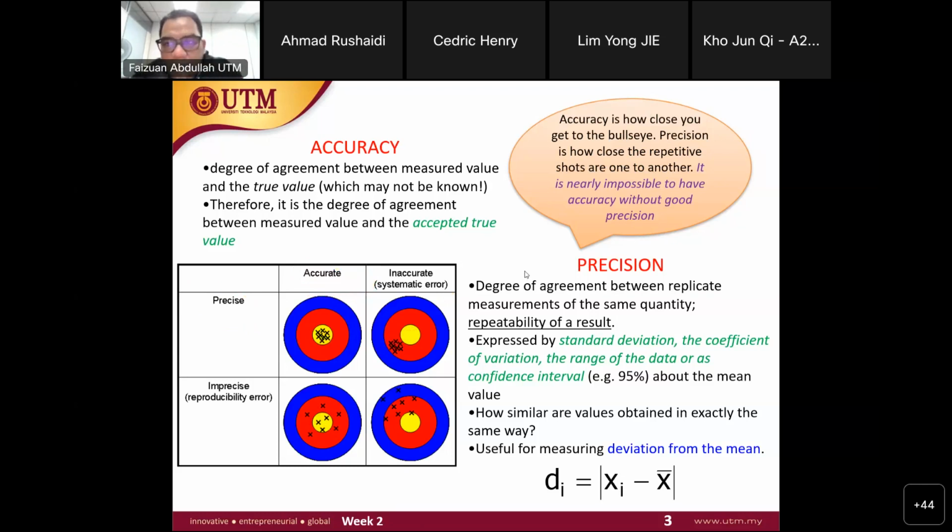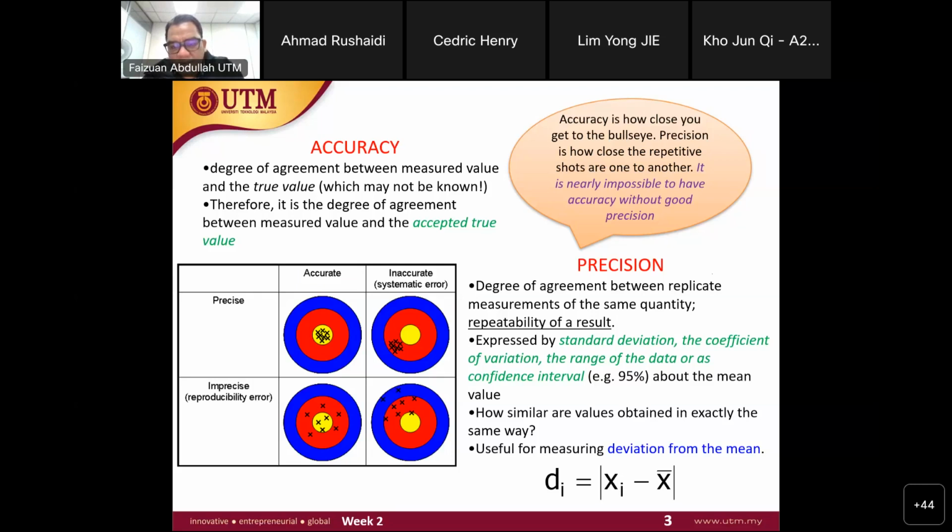So the precision is the degree of agreement between replicate measurements of the same quantity, the repeatability of a result. We have a replication of analysis, and the values of the replication are close to each other.